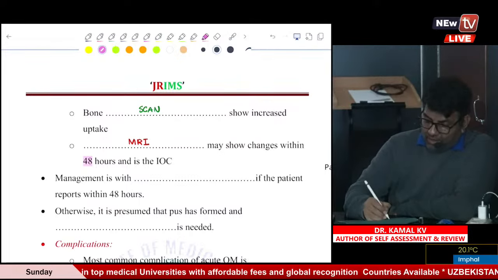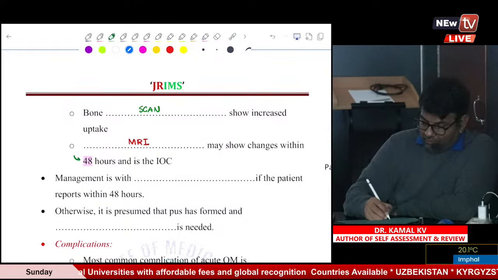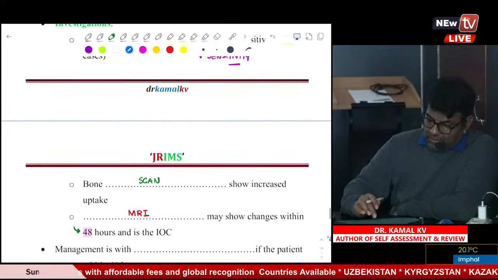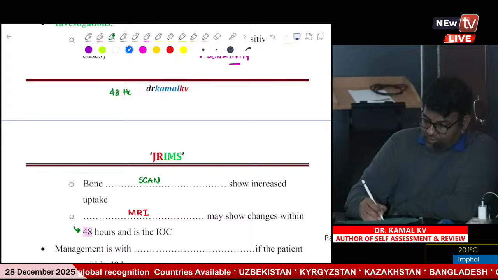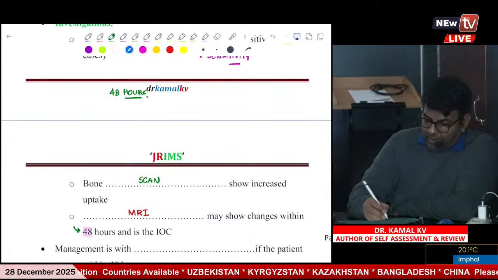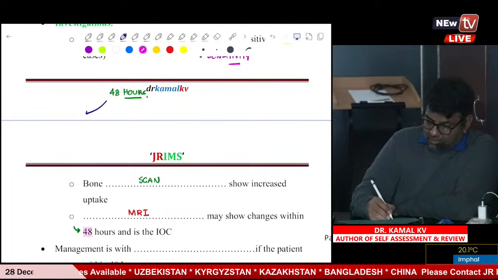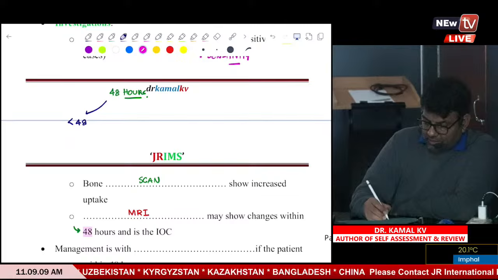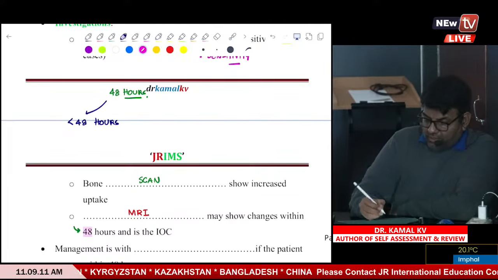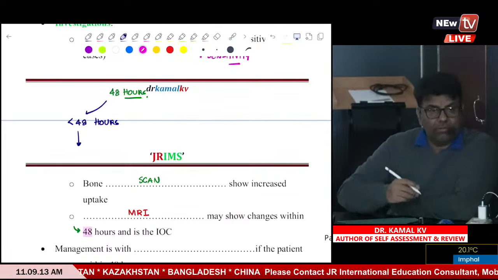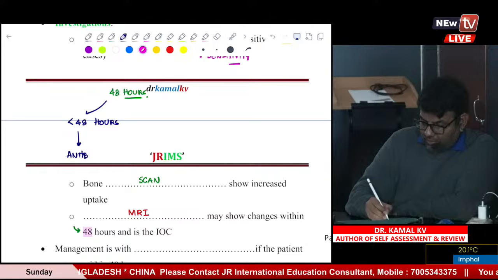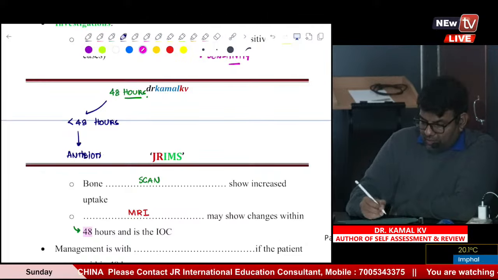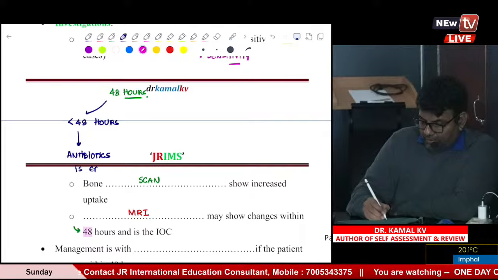Now here this value is very important, 48 hours, because if the patient reports to us within 48 hours, conservative treatment can give you results. So antibiotics is effective.